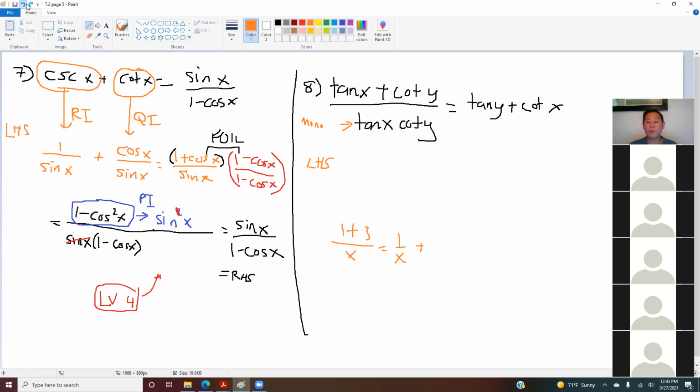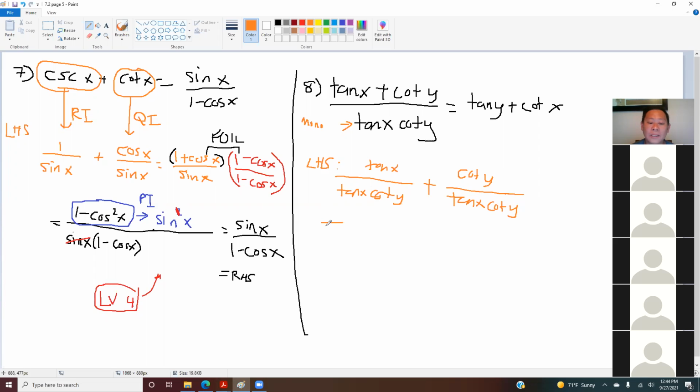So what we do here is the same, because that is a monomial. So we'll split this into 2. So you will get tangent x over tan x cot y, plus, and then you do the same thing here, cotangent y over tan x cot y.